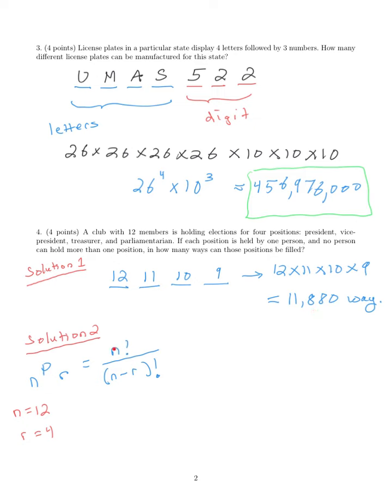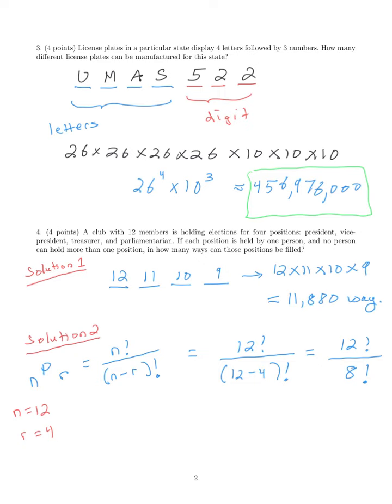So we'll have 12 factorial divided by 12 minus 4 factorial. The top is still 12 factorial, but the bottom is 12 minus 4, which is 8, and then we'll take the factorial of that number.